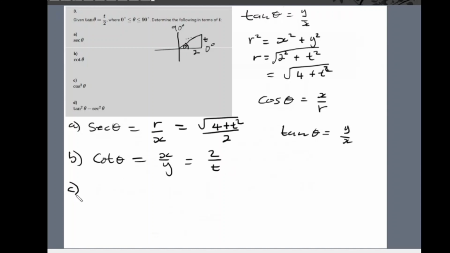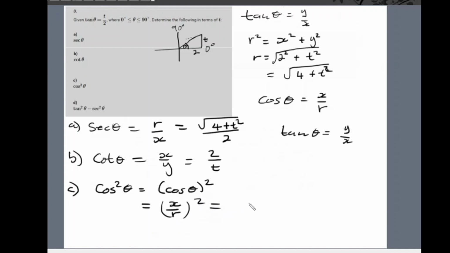And then now we go to question C. There they want us to calculate cos squared theta, which is the same as saying cos theta all squared. The exponent 2 should not confuse you here. It simply means we are squaring the trigonometric ratio of cos. So we'll have cos theta all to the power 2. We know cos theta is equal to x over r, and that will be all squared.